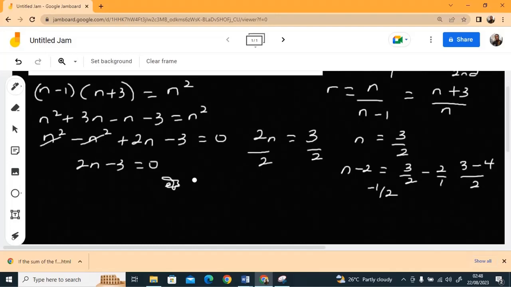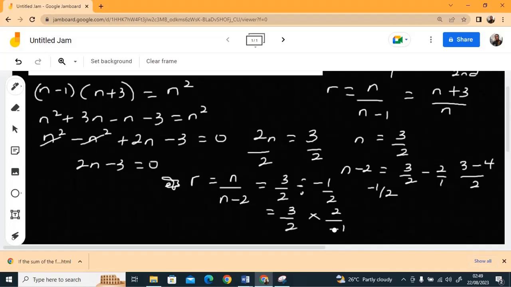So the common ratio here is going to be the second term, n, over n minus 2, the first term. So that will be 3 over 2 divided by minus 1 over 2. It means 3 over 2 times 2 over minus 1.